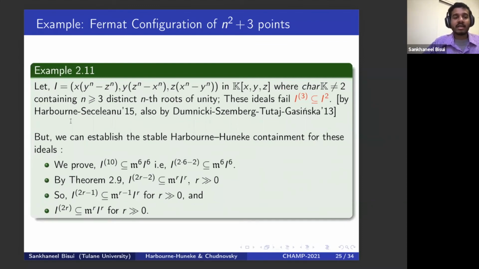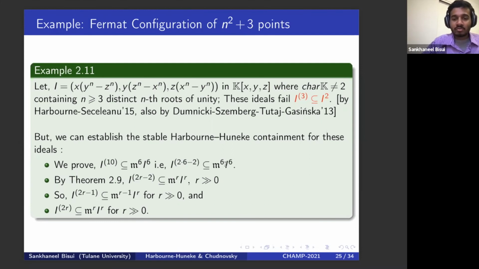This was proved by Harbourne and Siciliano, also by Dumnicki, Szemberg, Tutaj-Gasińska. But for these ideals, we could prove that the 10th symbolic power sits inside the 6th ordinary power of m and the 6th ordinary power of I, which means I^(26−2) sits inside m^6 I^6.